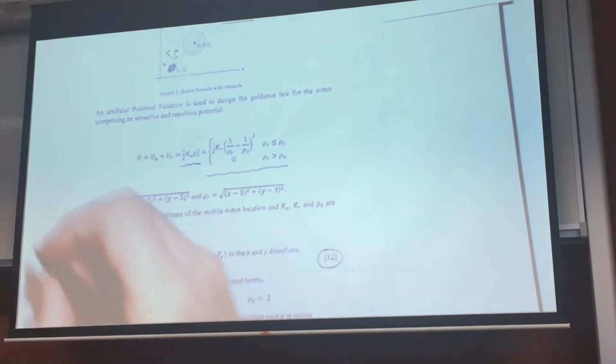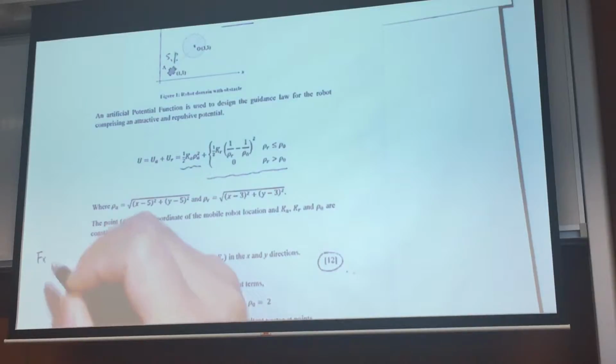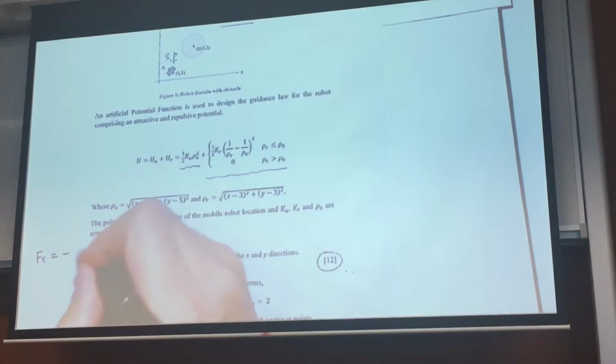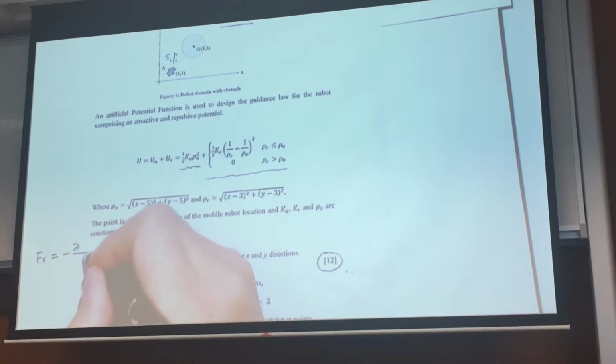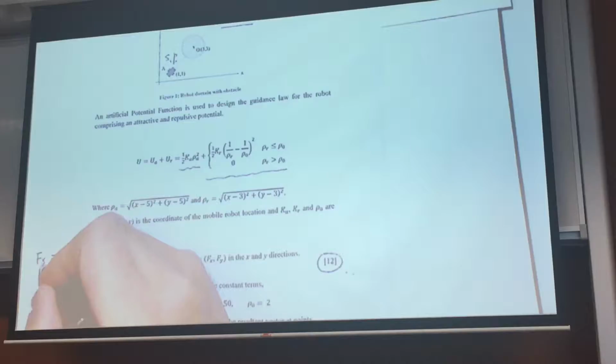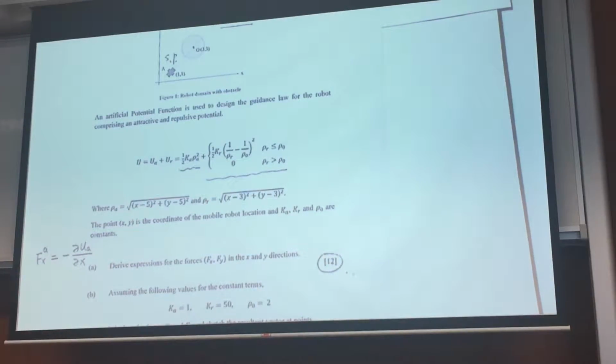So the force in x and y are defined by the minus derivative of the potential in terms of the coordinate. For example, Fxa is defined by minus dUa dx. So you can use this notation to make your derivation.